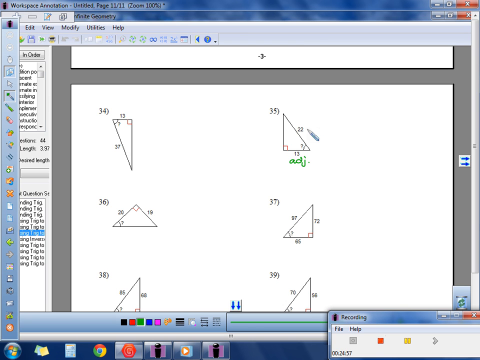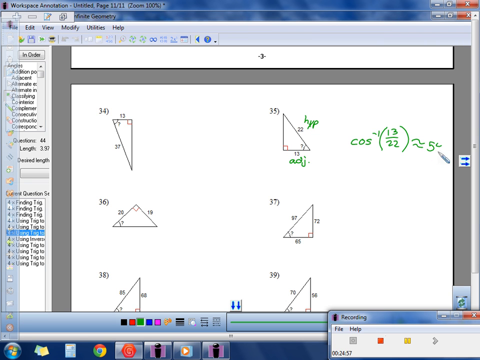And number 22, it's our hypotenuse. Hypotenuse and adjacent, look on your little cheat sheet right now. And that's cosine. Remember, to solve for angles, we use the inverse. And that's 13 over 22. Round that answer, and what do we get? 54.